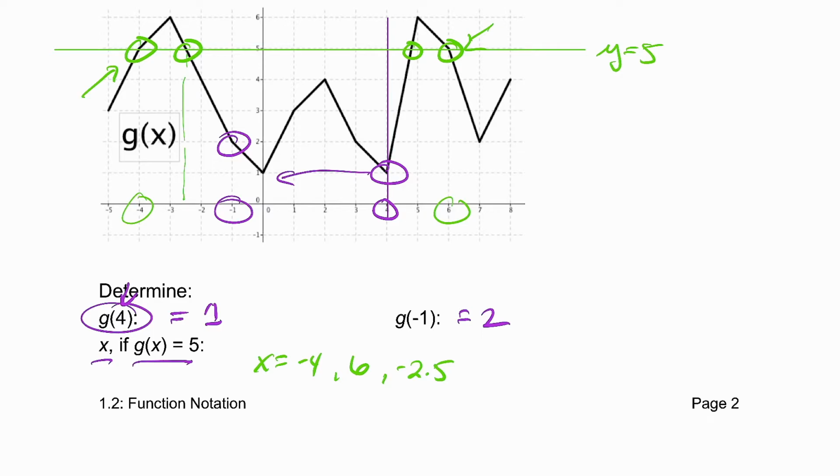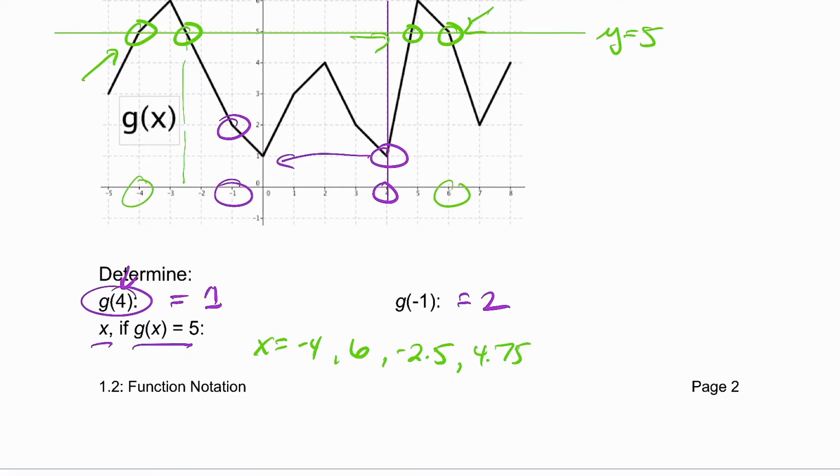This one over here is a little more difficult, so it's in between 4 and 5. I'm eyeballing it. It looks like maybe 3/4 of the way through, so maybe this is 4.75. Okay, notice that I'm not looking for an exact answer, I'm looking for an approximation. So as long as you're relatively close, you're going to get the mark. Okay, so that one's a little bit tricky because we're given the answer, g of x is equal to 5. We're looking for a specific x value where we have that answer.